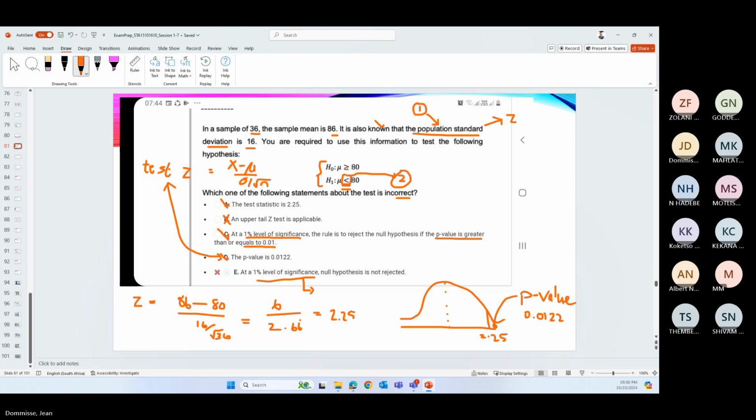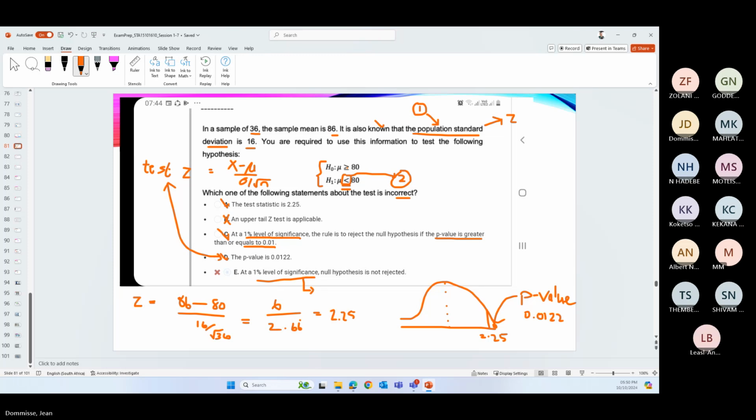Oh, sorry. If you look at what they are saying here, at the 1% level, the rule is to reject the null hypothesis if the p-value 0.0122 is bigger than 0.01.